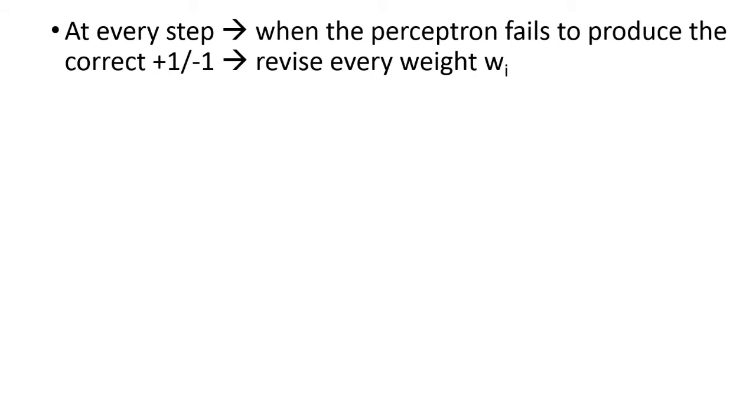At every step of feeding a training example, when the perceptron fails to produce the correct +1 or -1, we will revise every weight, that is Wi, associated with every input, that is Xi, according to the following rule.